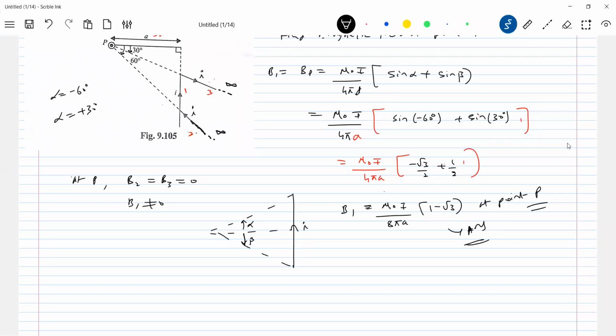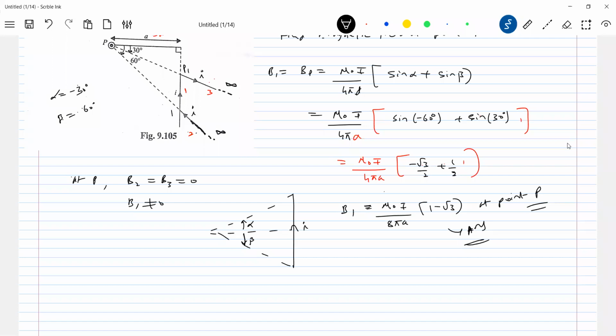Wait. So it is a point there, no? There's a line, no? So alpha will be minus 30. Beta, upper.